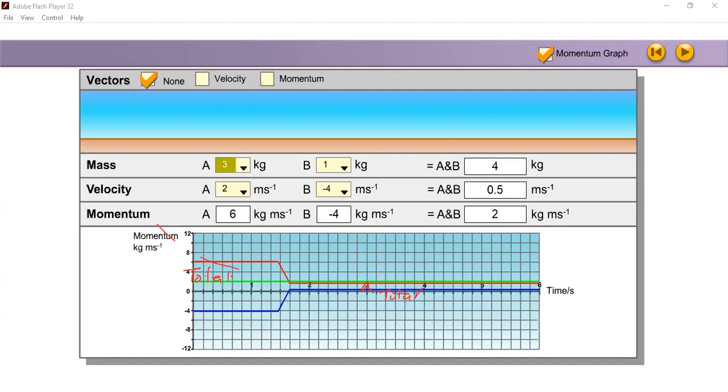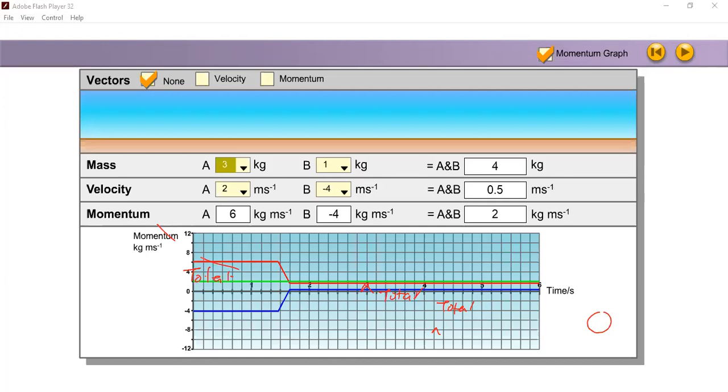So is total momentum conserved? So the total momentum is conserved. But if we say momentum only, momentum is not conserved. Momentum only means the momentum of one of the trolleys. No, it should be total momentum conserved.